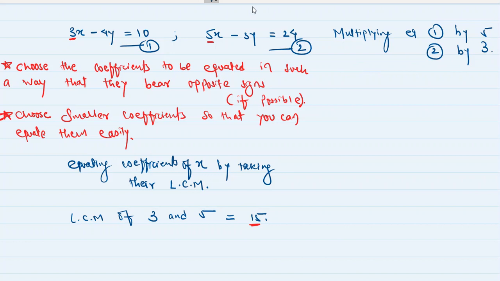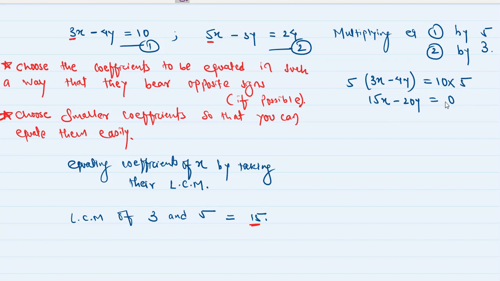What do we get? Let's do it. 5 bracket 3x minus 4y is equal to 10, which is 15x minus 20y is equal to 10. Hey, wait. I did not multiply 5 on the right hand side.